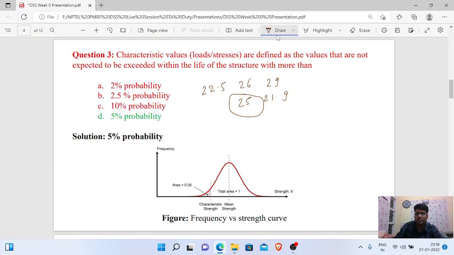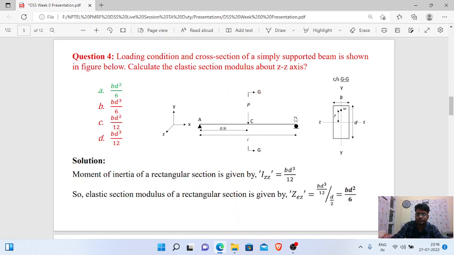Now coming to the next question. Question 4. Loading condition and cross section of a simply supported beam is shown in figure below. Calculate the elastic section modulus about ZZ axis. So here you can see that there is a simply supported beam and a point load is acting here.